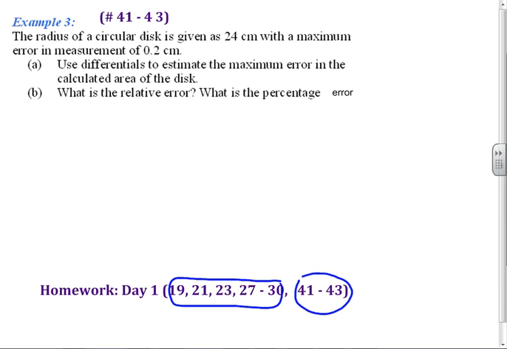Now, this is an 8th grade Algebra 1 standard. I'm not saying I agree that it should be there, but it is there. So I'm going to draw my disc. We will need a calculator to do this the way you want to do it. The radius is 24. And the error in the radius, that's the change in r.